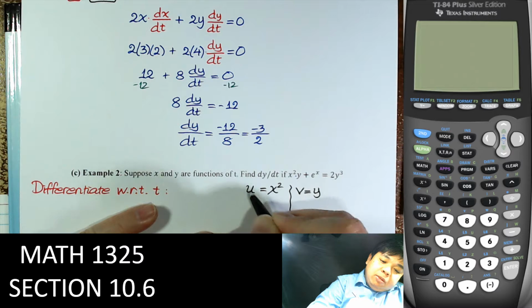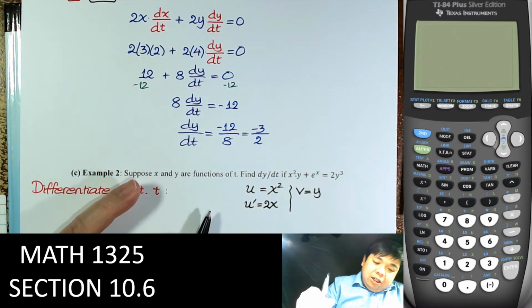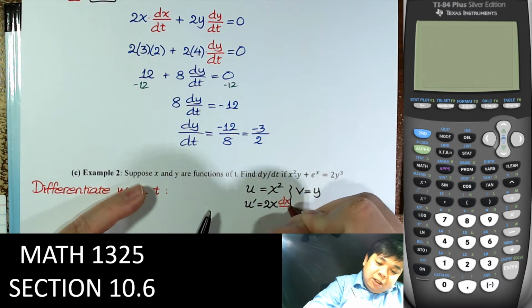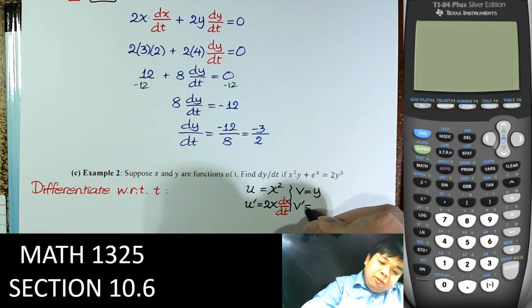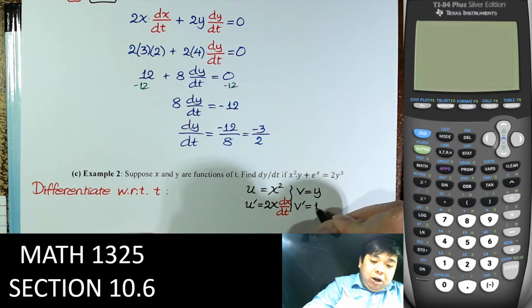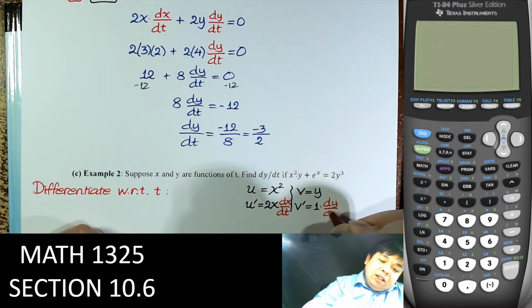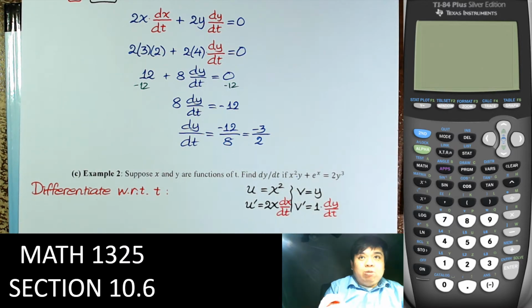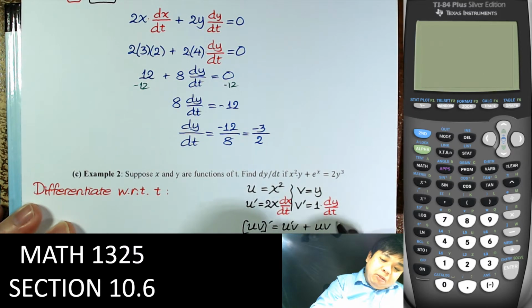So u prime is equal to 2x dx over dt, and then v prime, the derivative of y, is just 1 times dy over dt. Because the variable is t, we have to do that, which is the chain rule, and then the product rule: u prime v plus u v prime.